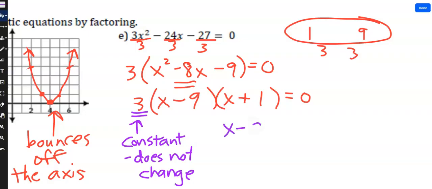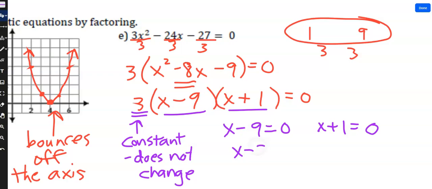The only things that will give me answers to this question are the other factors that have x's in them. That 3 sitting out there in front doesn't do anything for changing my answers. So x equals 9 and then x equals -1. Those are the two places where it crosses the x-axis. But that 3 sitting out in front will not change my final answer.